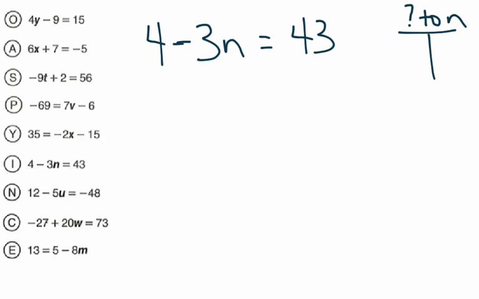Okay, this one's a little tricky. A lot of students will get this one wrong, so let's just be really, really careful here. When I look at this, I see a negative 3n. So that means that n is being multiplied by negative 3. You really need to be able to see that. Most kids think that that negative goes with the 4, but it doesn't.